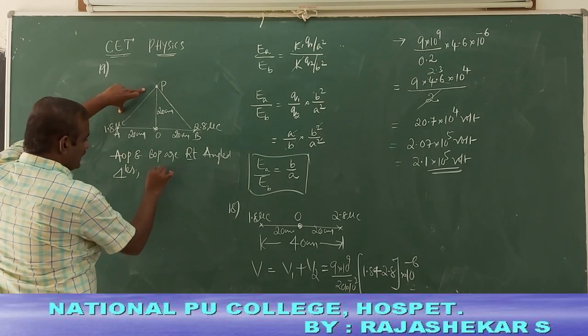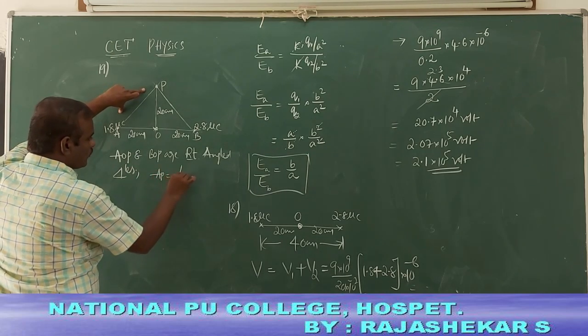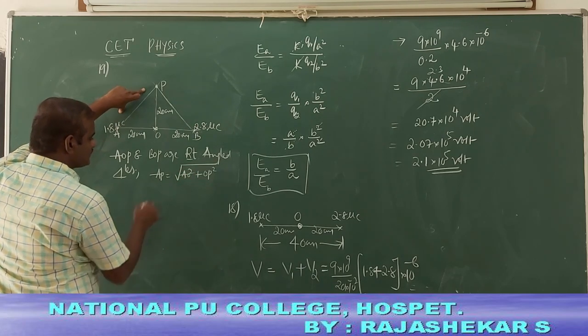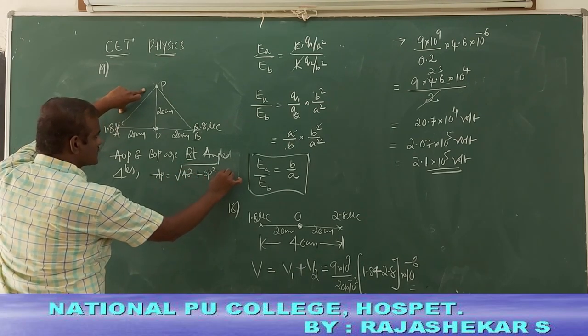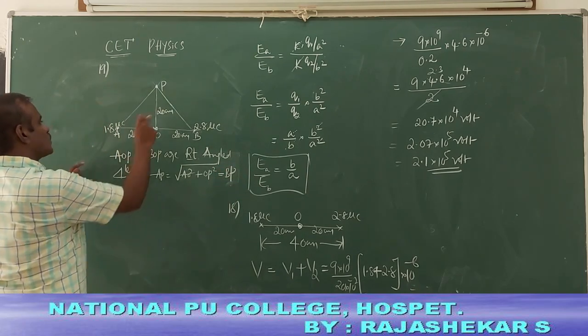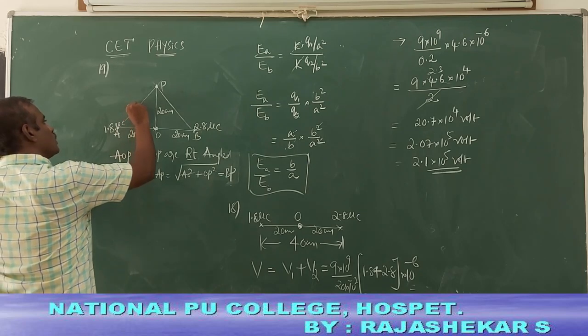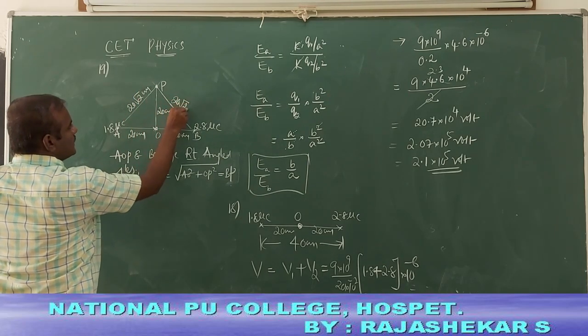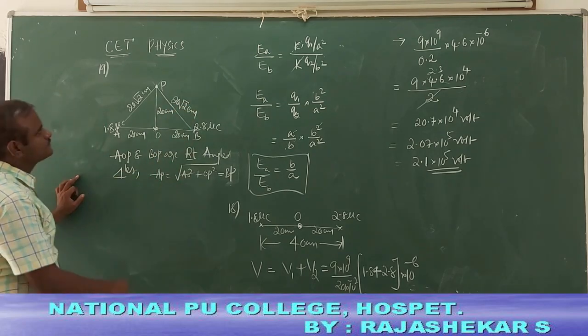Therefore AP is equal to square root of AO square plus OP square. This is even same as, students, BP. So this 20 and 20, and it becomes 20 root 2, students. Remember, 20 root 2 centimeter. This is very clear.